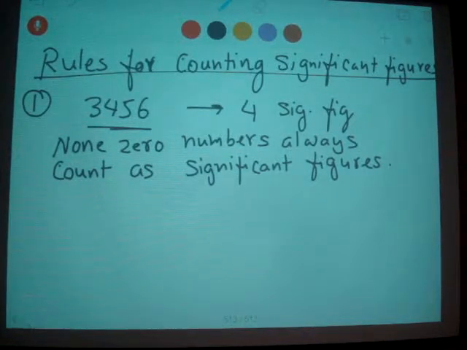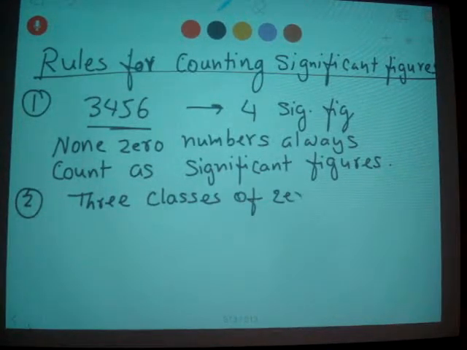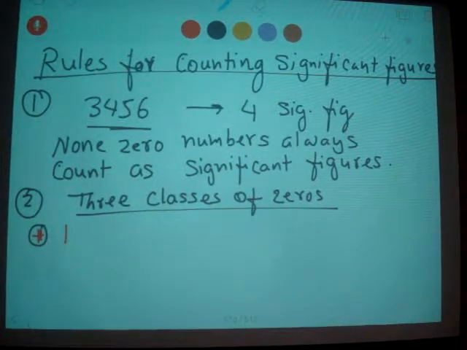there are 3 classes of zeros. What that means? Let's say the number contains zeros. Alright? And there are 3 types. I'm going to tell you. The first one is called leading zeros.